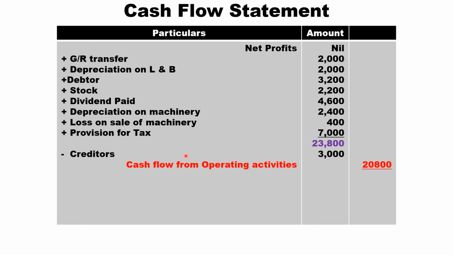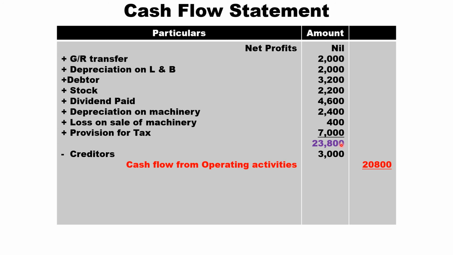So it's called cash flow from operating activity, students. Net profit is nil because 6,000 minus 6,000 is nil. GR transfer add 2,000, add depreciation on land and building, add decrease in debtors 3,200, add decrease in stock 2,200, add dividends paid 4,600, add depreciation on machinery 2,400, add loss on sale of machinery 400, add provision for tax 7,000.